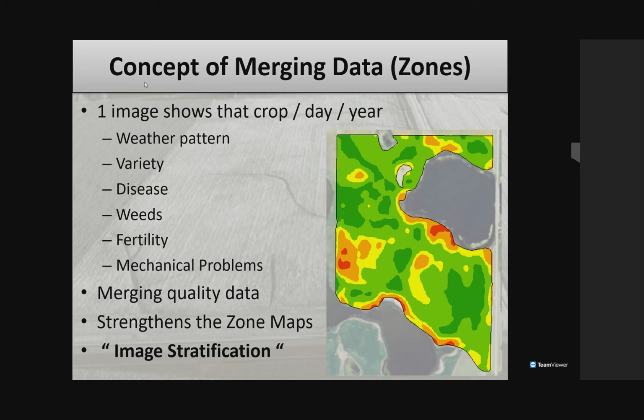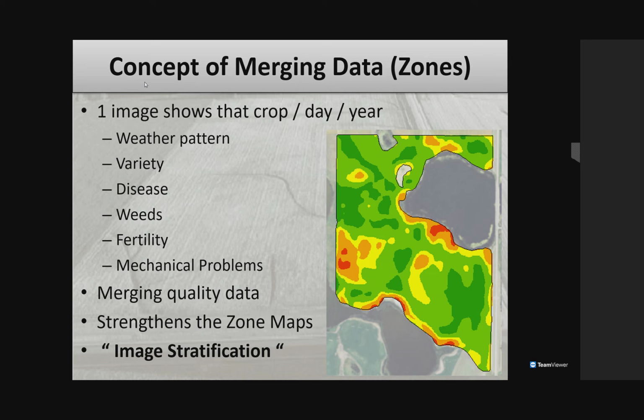Other items, if you lost the field due to weed control issues, fertility issues, where maybe you had some starter pop-up issues or something that didn't get put down right, mechanical problems where maybe it was tillage, maybe you had some rows that put seed in too deep, all kinds of different things like that can really sway the effect of what one year of data might have in it that you don't think about.